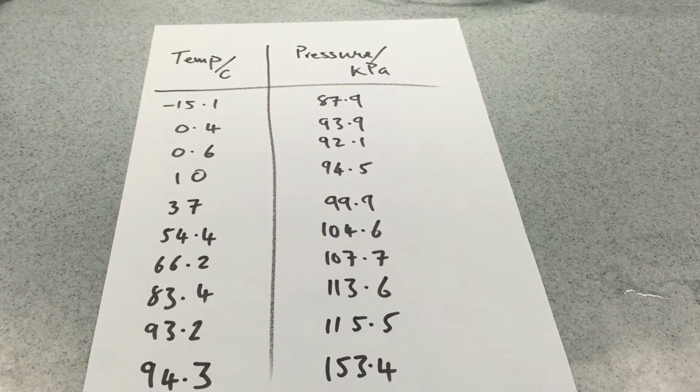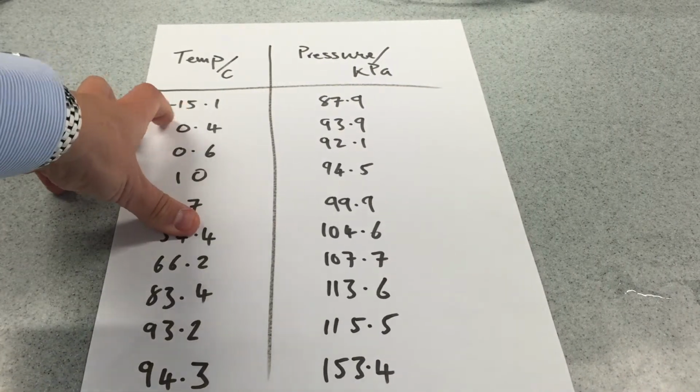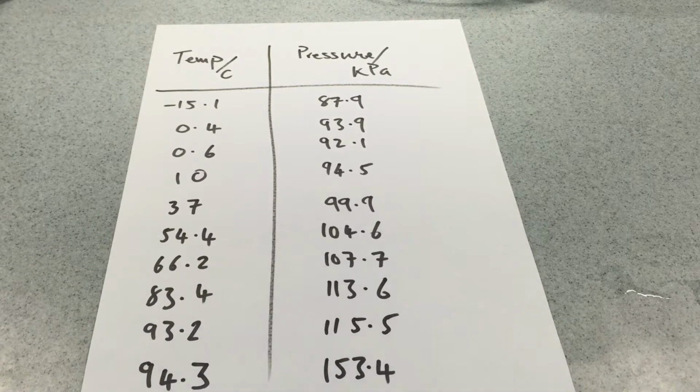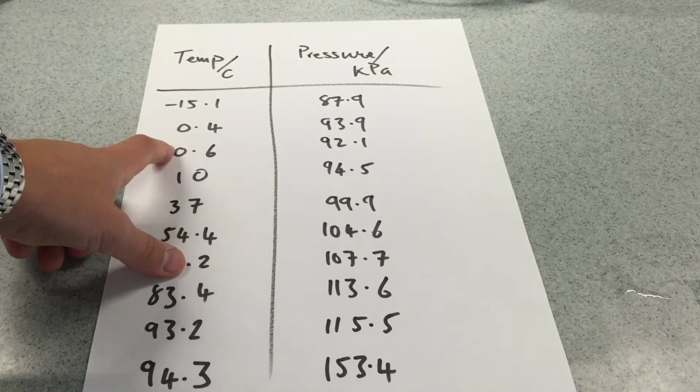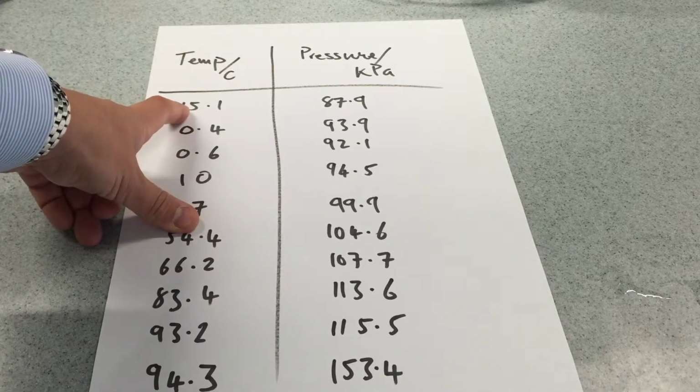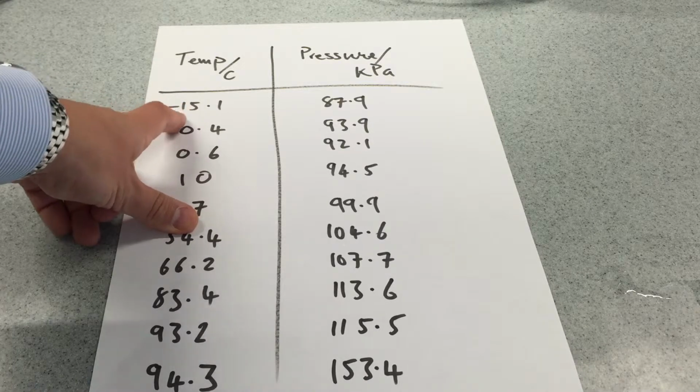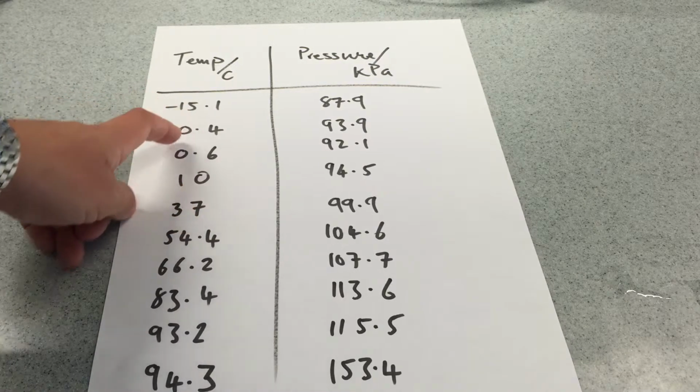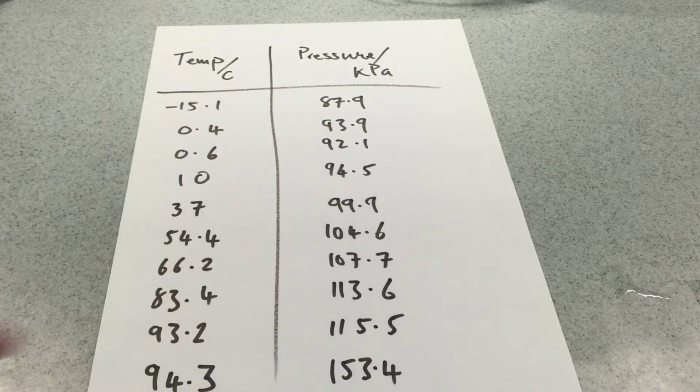Okay, here are the results. I managed to get it down to -15 by throwing some salt in there as well. Once I'd got it down to 0-ish with lots of ice, I threw in some salt just to see what would happen and see whether it dove down any further. Managed to get it to -15, and there are the series of results.